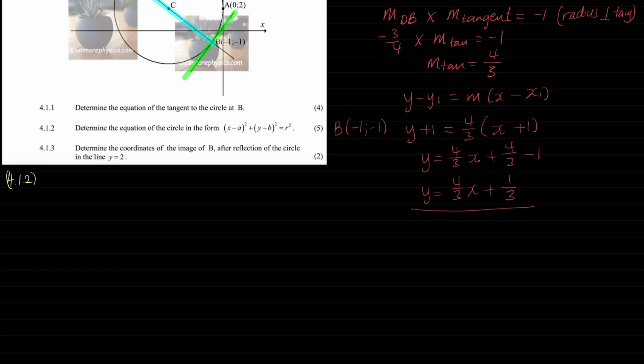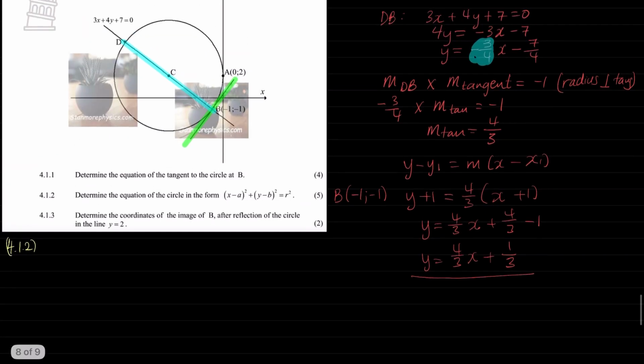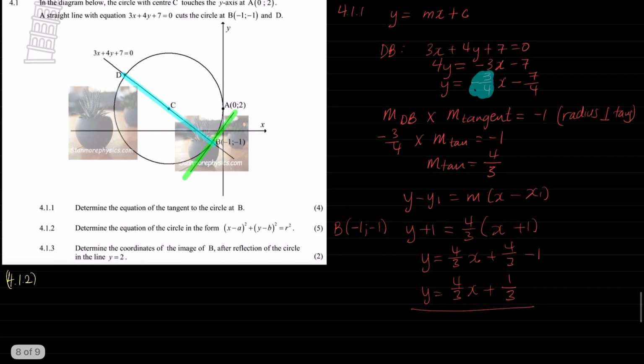So we want to figure out what the coordinates of the center is, and we also need to figure out what the radius is. So one of the first things I notice here is that this point A is touching the y-axis, right?